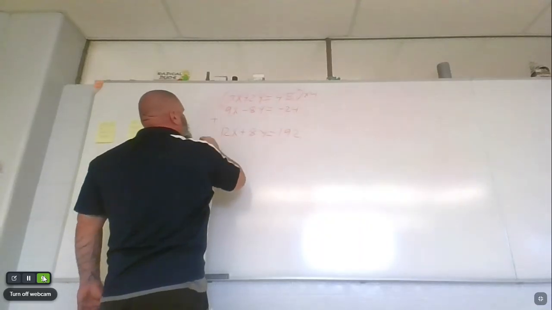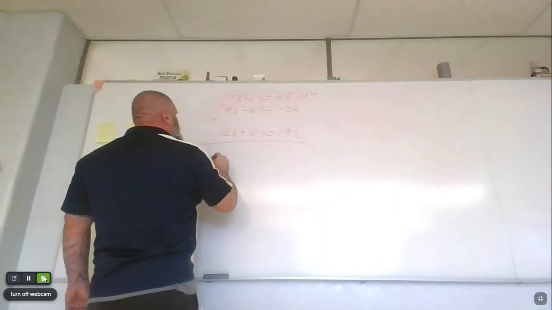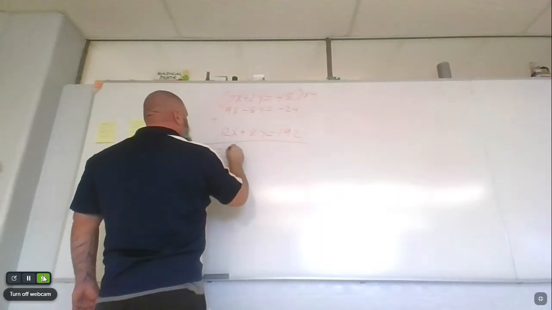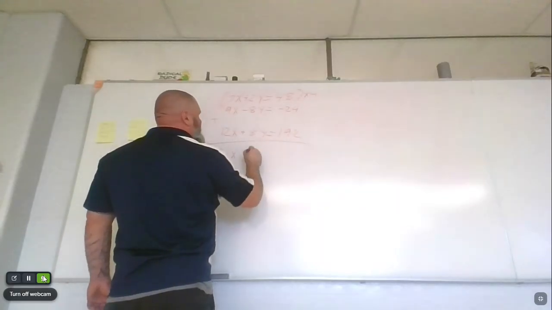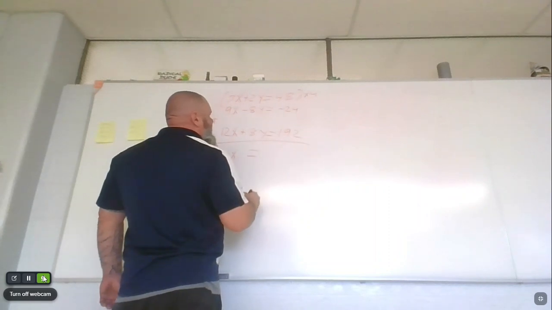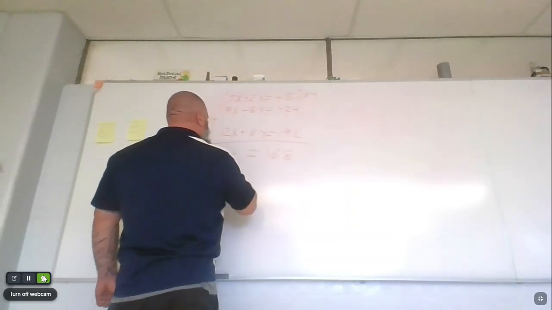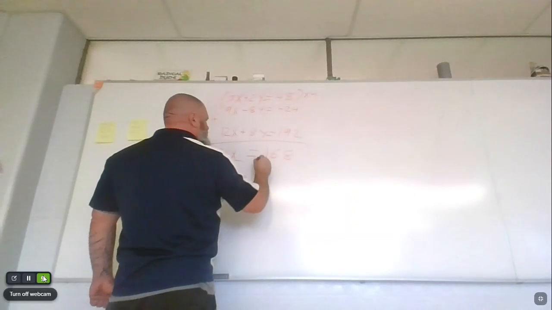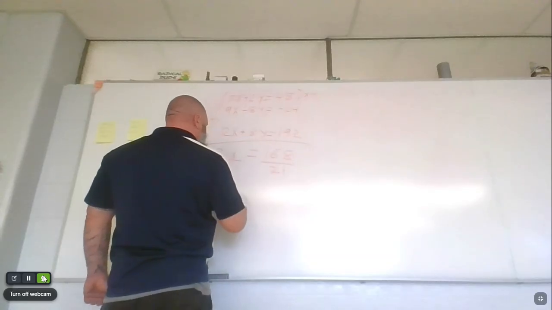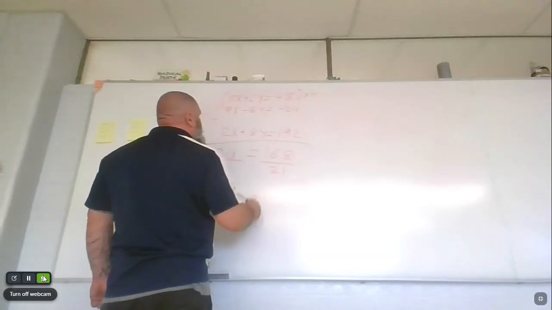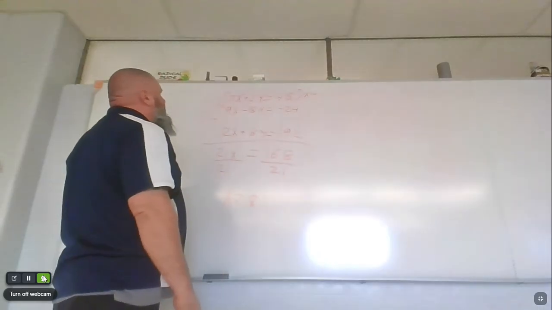I can add them together. 9x plus 12x, 21x. The y's cancel out. That is equal to 168. Divide both sides by 21. x equals 8. Plug that in and solve.